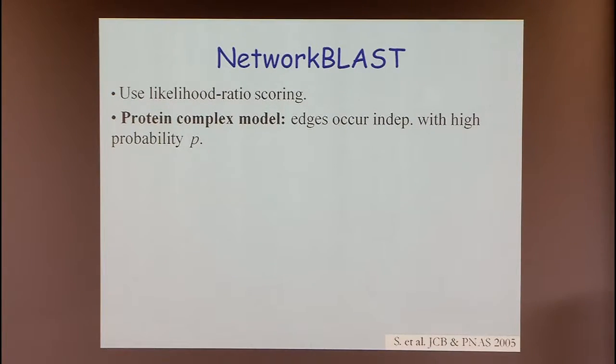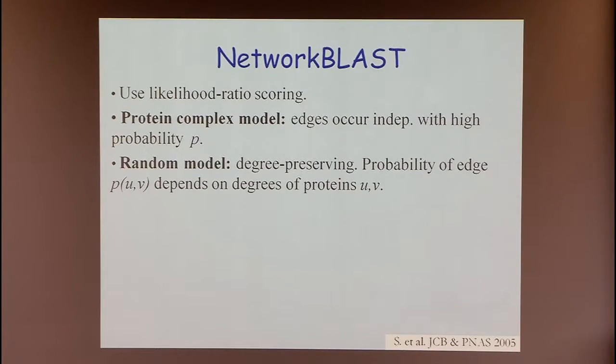So of course Donna talked about random graph models. And this is another important reason why we need those random graph models, because we need to be able to say something about the significance of what we are finding. And for that, we must know what random looks like.